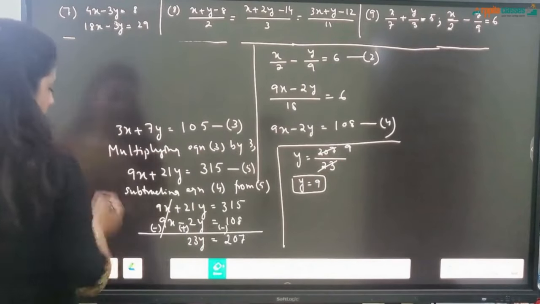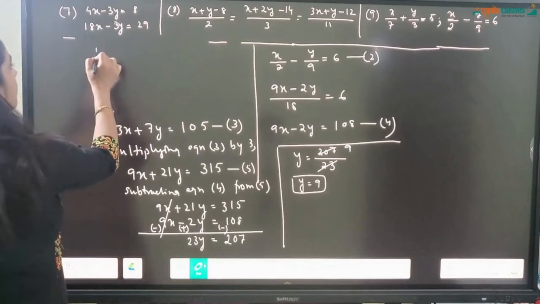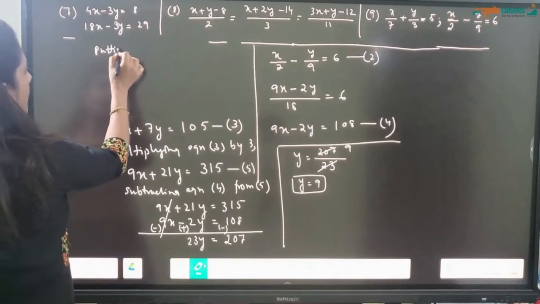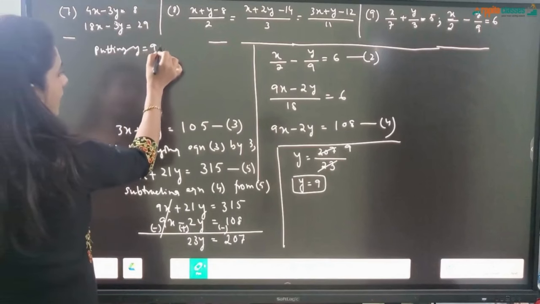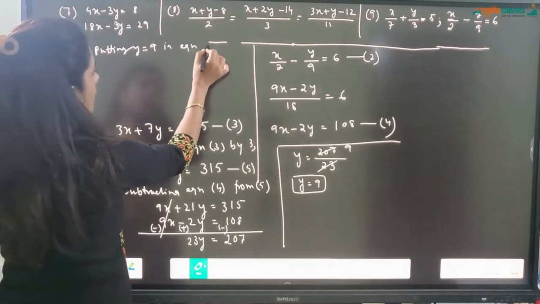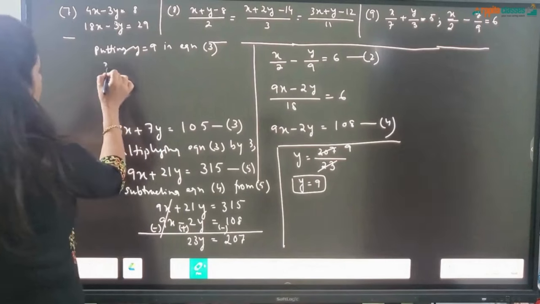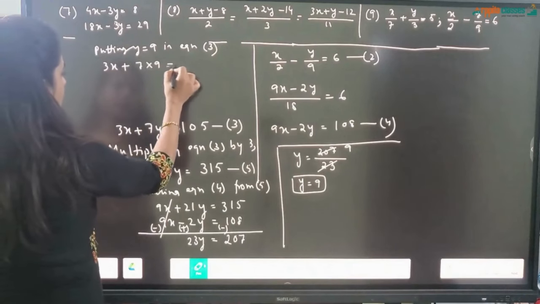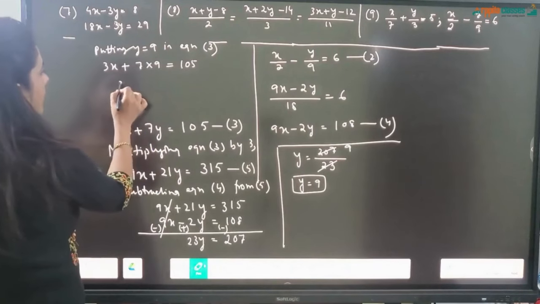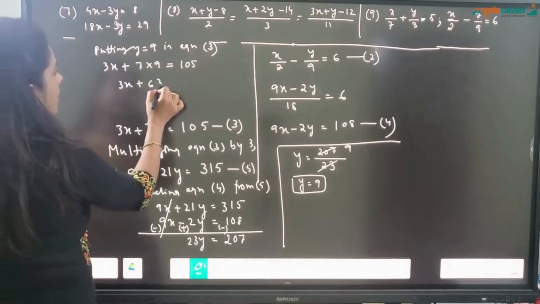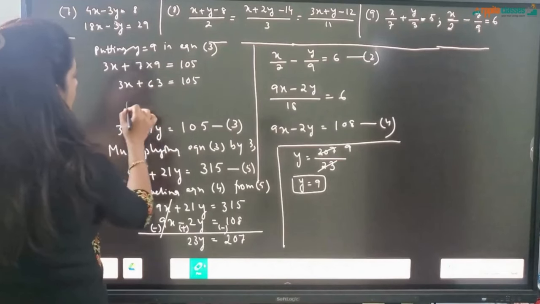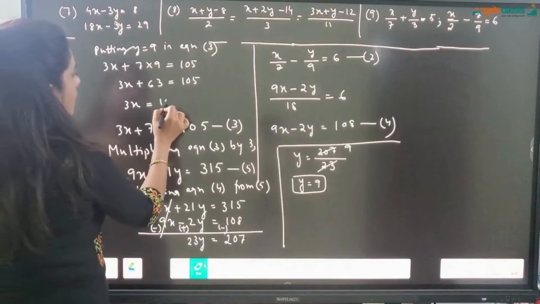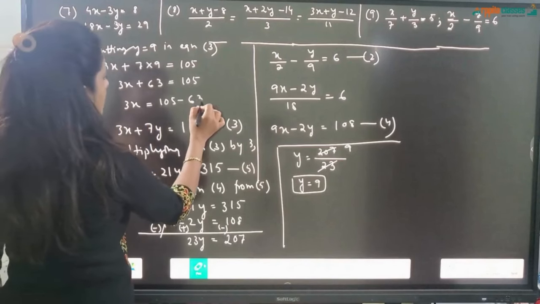Let me rub this part. So putting y is equal to 9 in equation 3. So 3x plus 7 into 9 is equal to 105. That is 3x plus 63 is 105. 3x is equal to 105 minus 63.